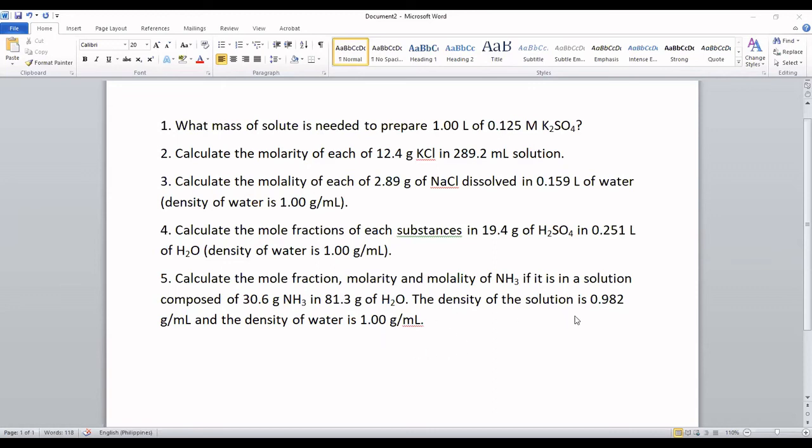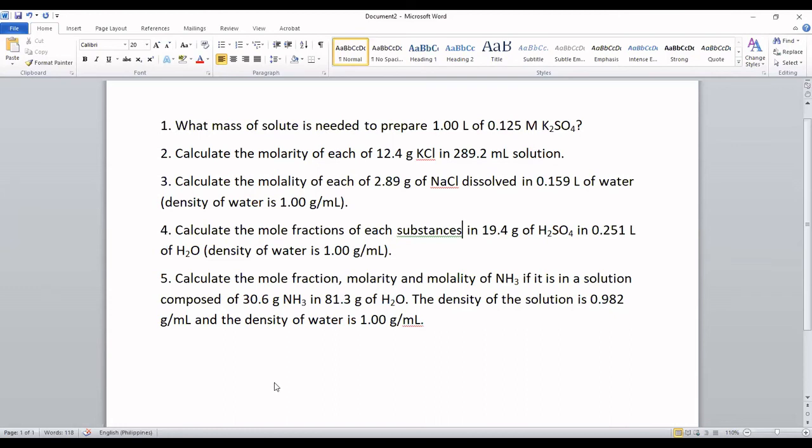You are given here the density of the solution. How will you get the volume? Anybody? Yes, density is mass over volume, so mass over density is equal to the volume. That's very good.